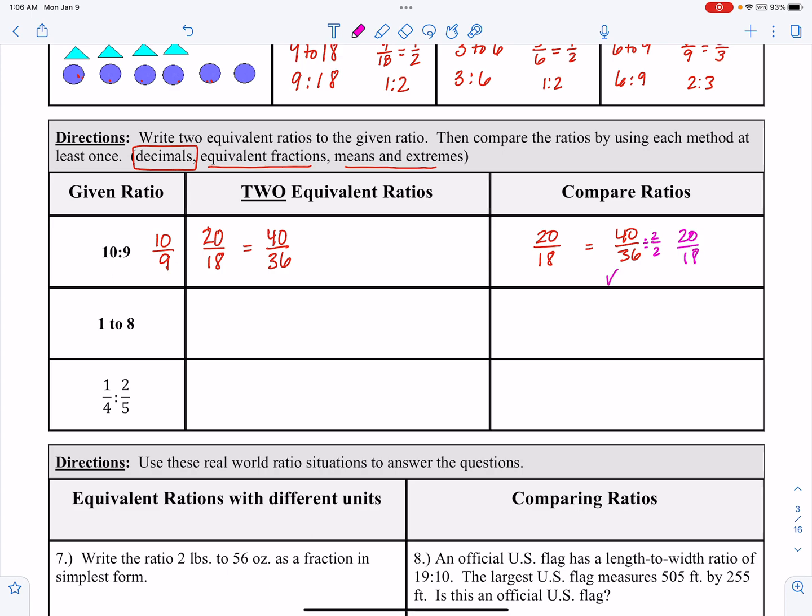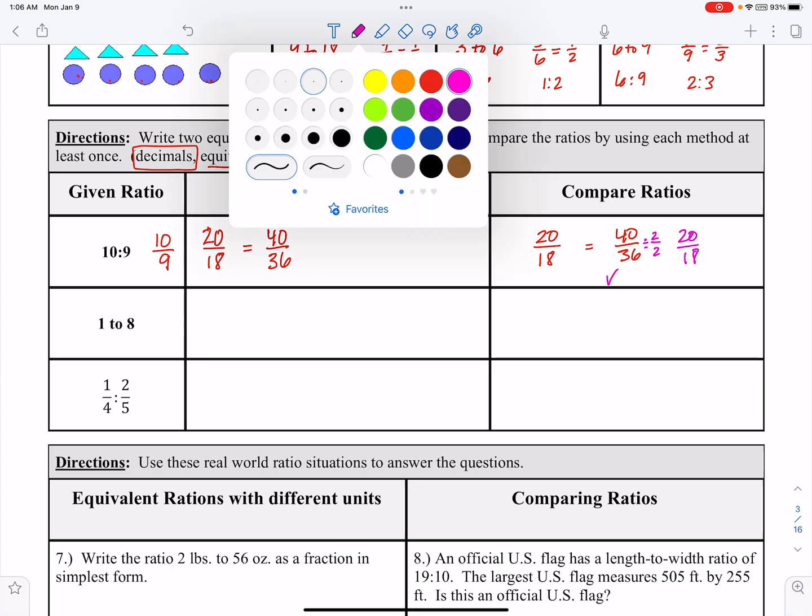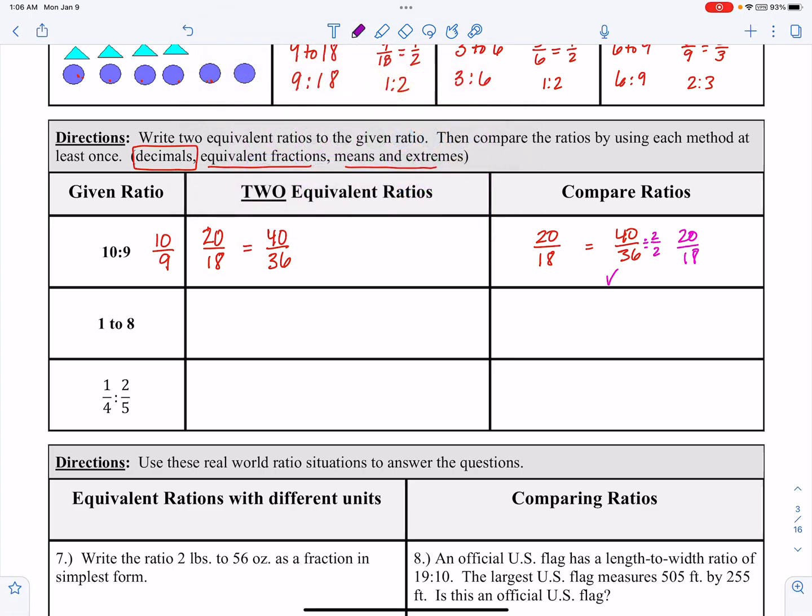Let's look at another example. When we're looking at 1 to 8, I can create equivalent fractions by, again, multiplying by 2/2. But you can envision that without writing it.